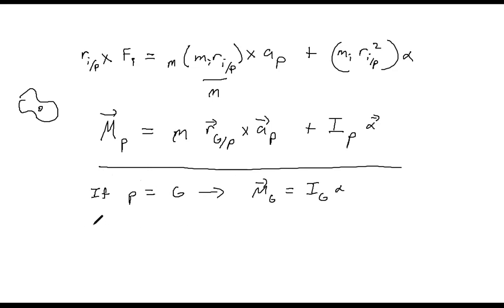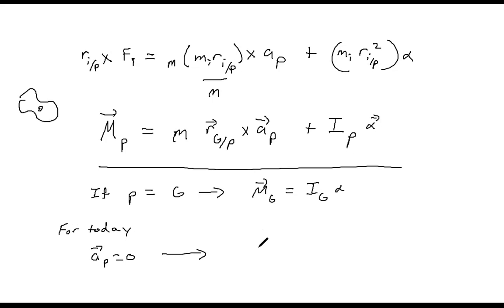Another case, one that's going to be important for today. So this is what we had last time, and then we further said that alpha had to be 0. For today, we don't necessarily want to say that the point P has to be the center of mass. Instead, we want to talk about pure rotations, which means the acceleration about point P is 0.